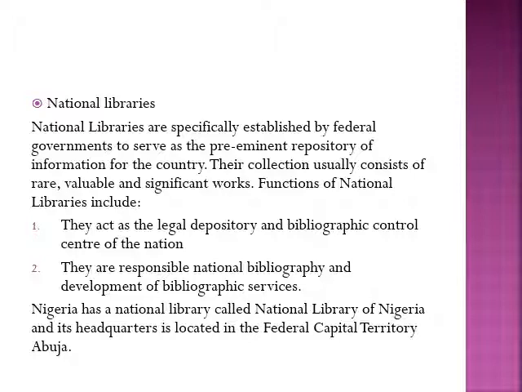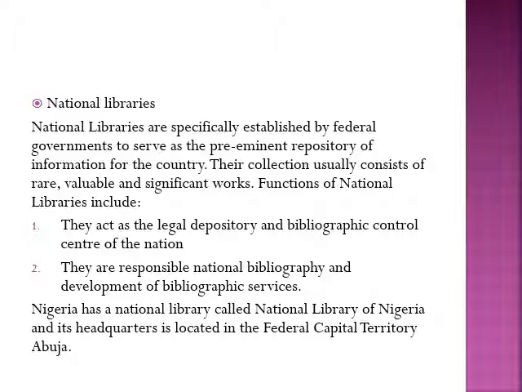Functions of national libraries include acting as legal depository centers of the nation.